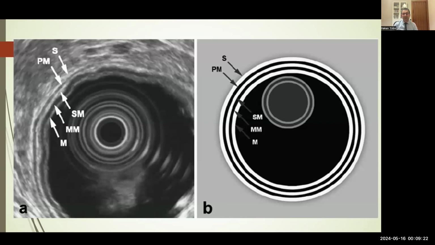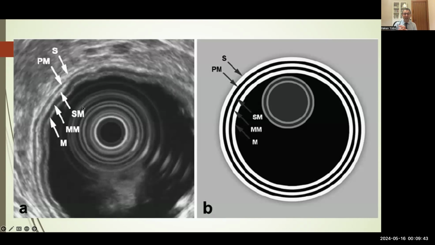And this I want to show clearly describes all layers. This is the stomach, and you can see 5 layers. This is mucosa, muscularis mucosa, submucosa, muscularis propria, and serosa.